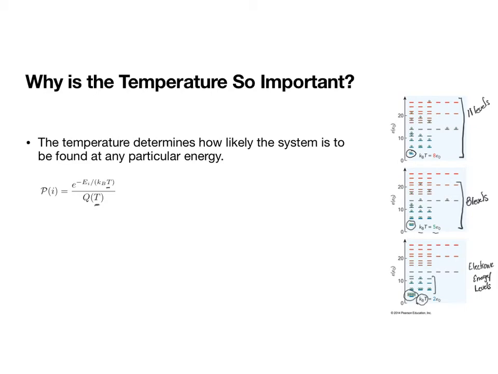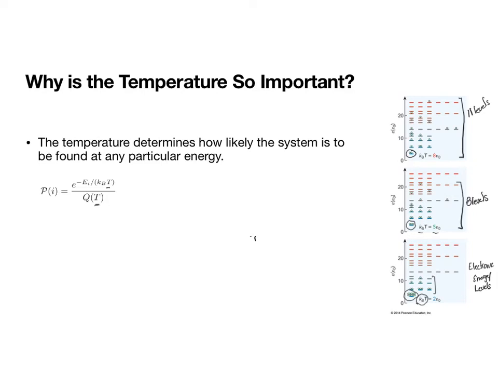So as we increase the temperature, as we add energy into the system, the possible microstates that exist change, which made sense based upon our definition of temperature that we created.